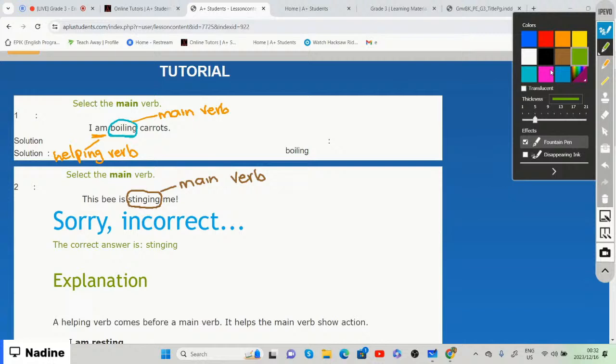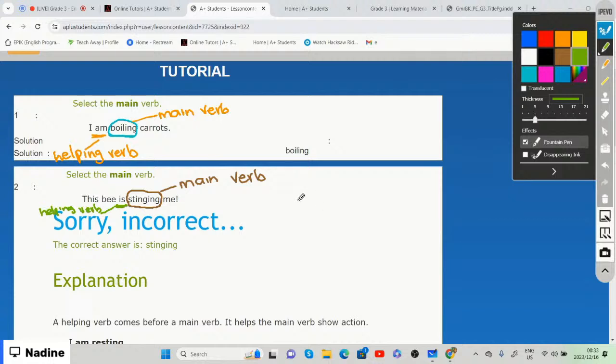We need to identify the helping verb also. Our helping verb is is.